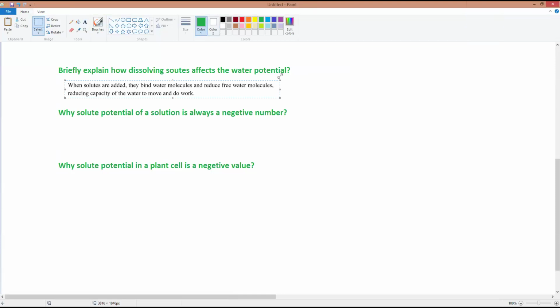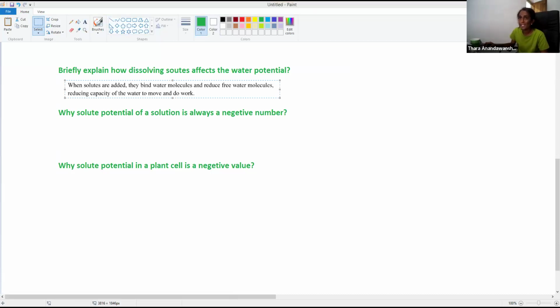Yes, teacher. Then it's asking why the solute potential of solution is always a negative value. What will happen when the substances are added? Why is it becoming negative value? Because solute potential has a negative impact on the water potential, right?